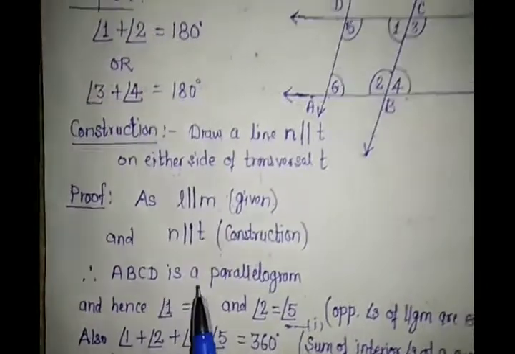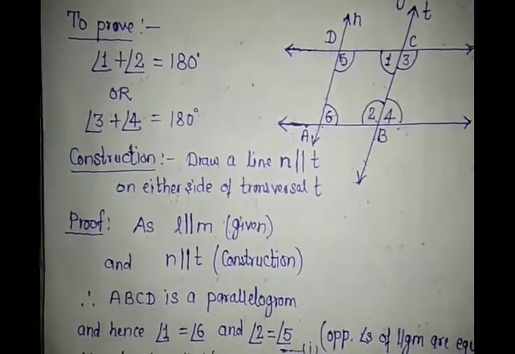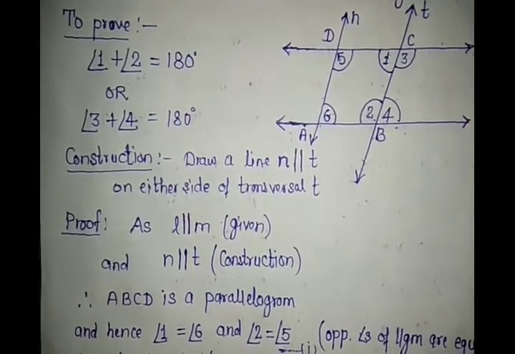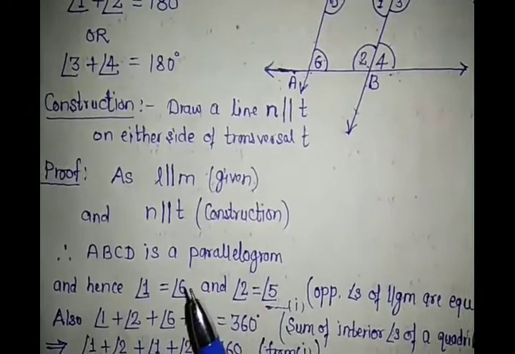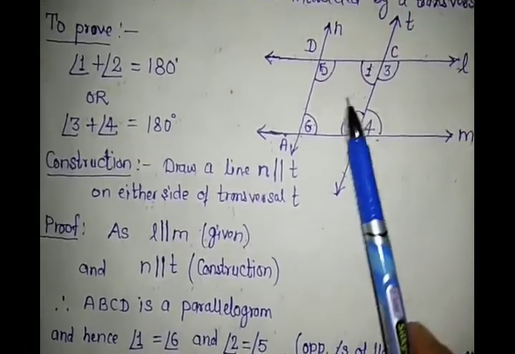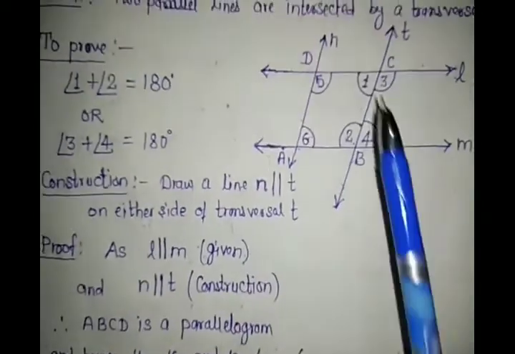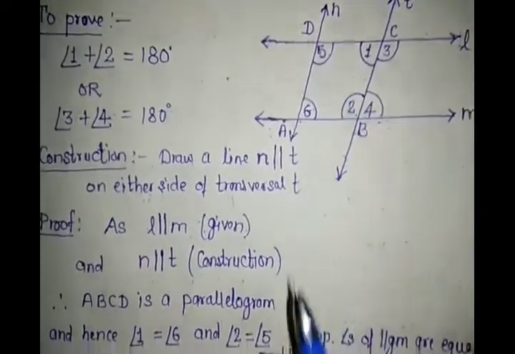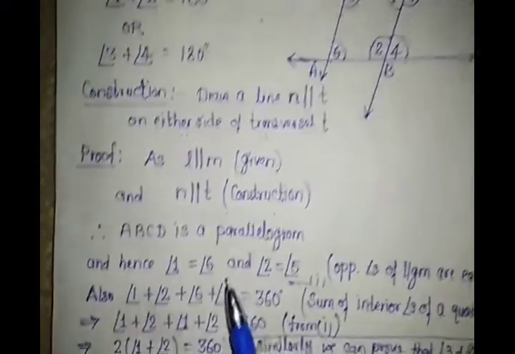Therefore ABCD is a parallelogram because its opposite sides are parallel. So angle 1 is equal to angle 6 and angle 2 is equal to angle 5 because opposite angles of a parallelogram are always equal.